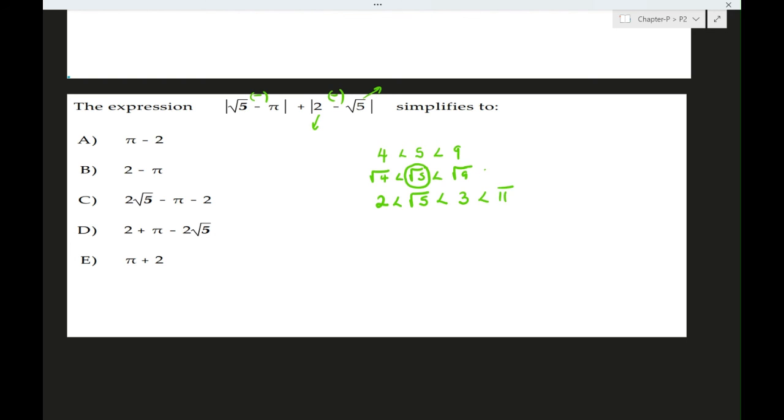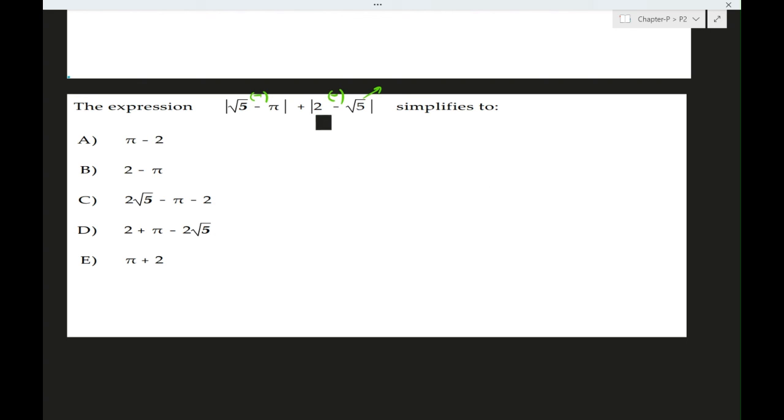We can also use the same argument here. Remember, this is root 3, and this 3 is actually less than pi. So between root 5 and pi, which one is bigger? You can see that root 5 is actually less than pi. And that is why we said here is also negative.